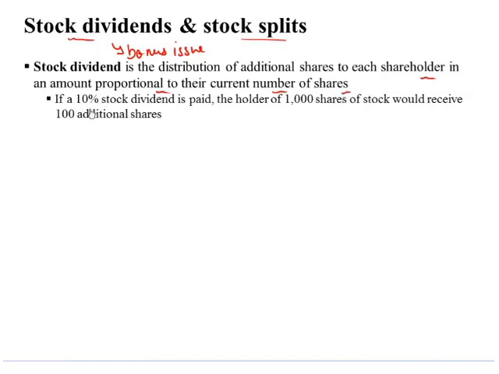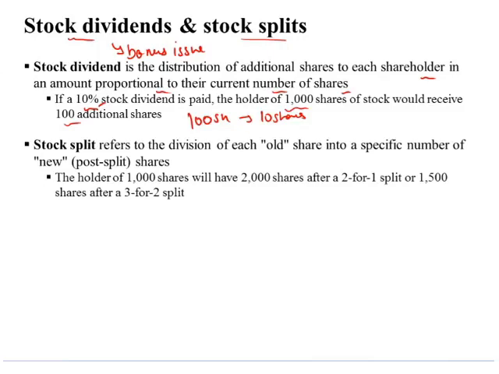So if a company announces a 10% stock dividend, then somebody who owns 1,000 shares would additionally receive another 100 shares. If for the same company I own 100 shares, I would receive an additional 10 shares. So corresponding to each shareholder's ownership, they will all receive 10% additional shares.